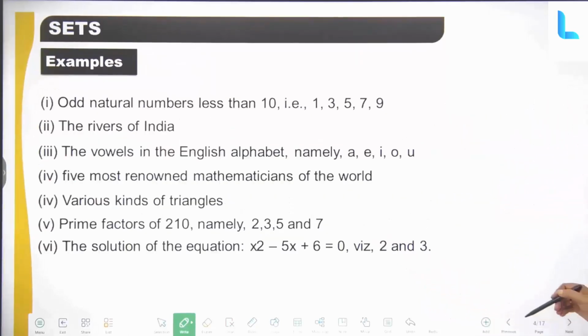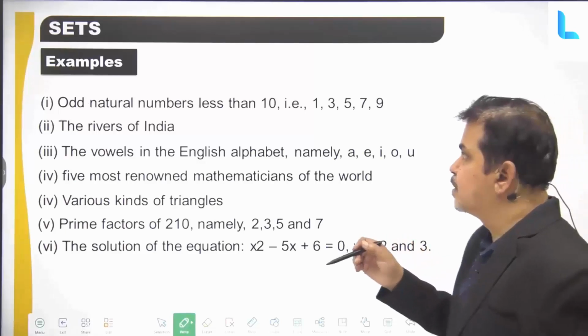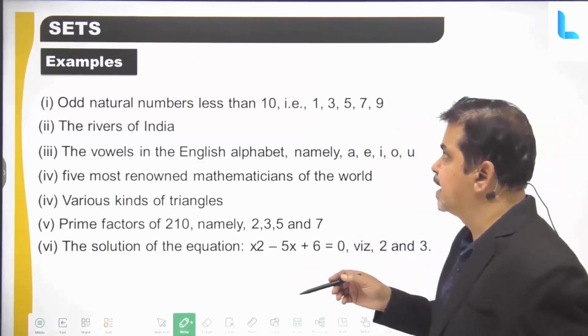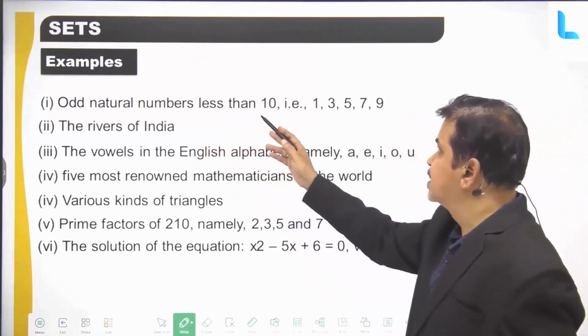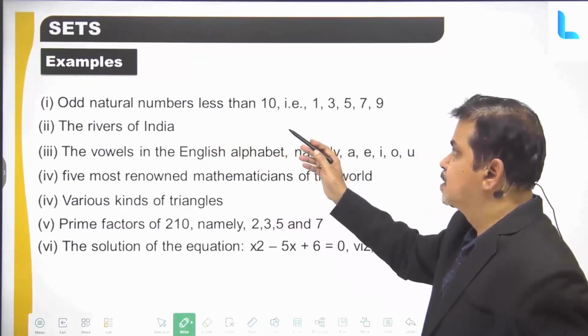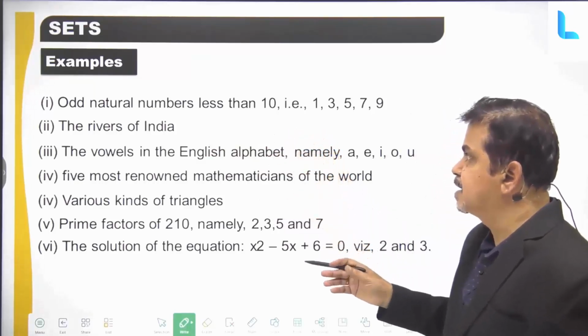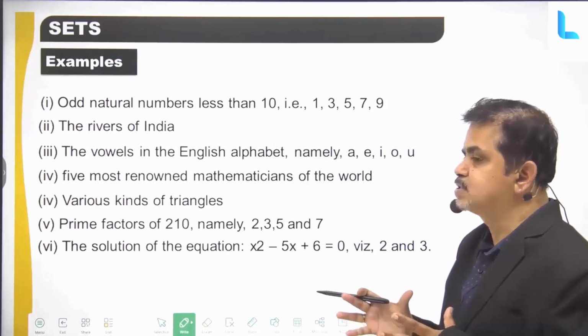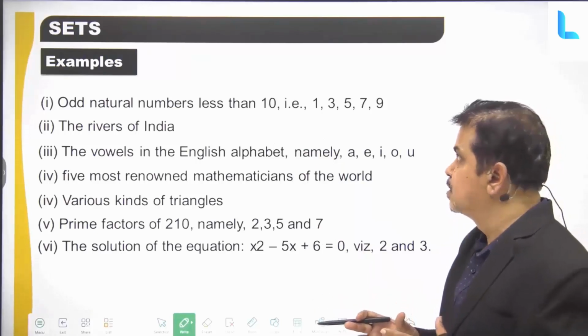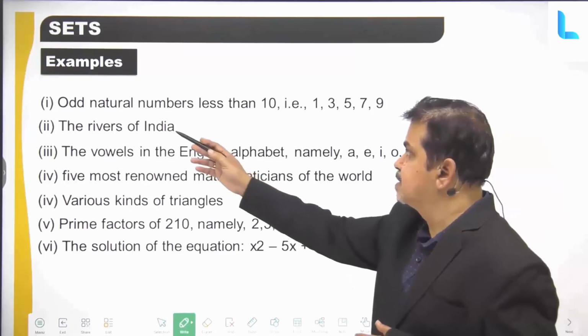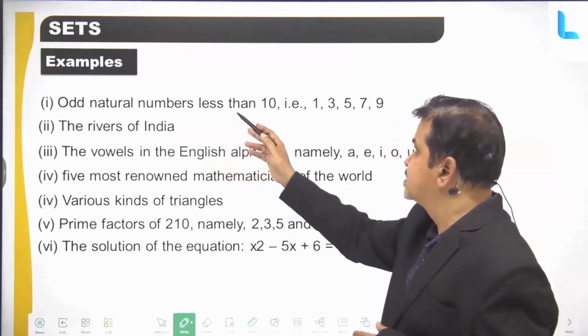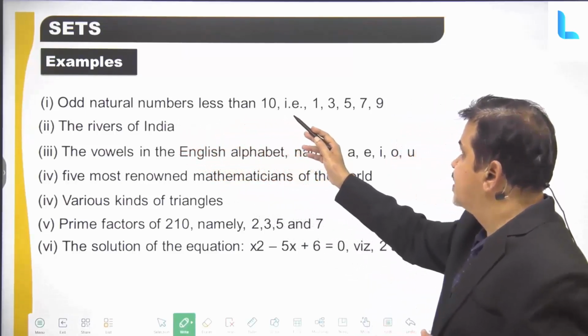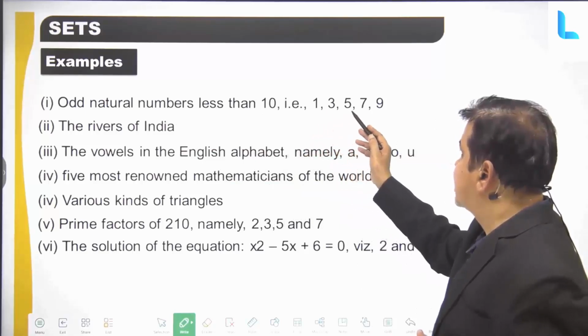Here we can also give other examples, like odd natural numbers less than 10. As I told you, a set is a collection of numbers or objects or elements. So the odd natural numbers less than 10 we can write as 1, 3, 5, 7, 9.